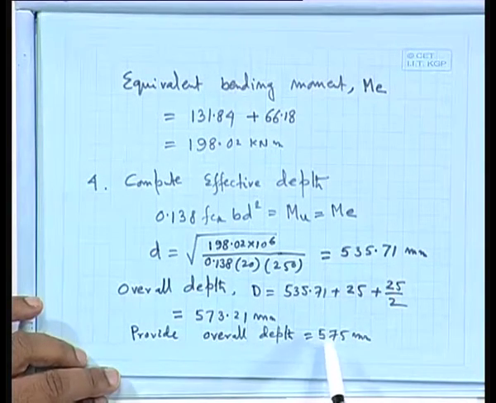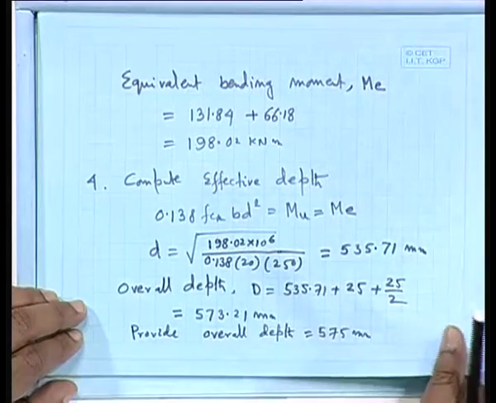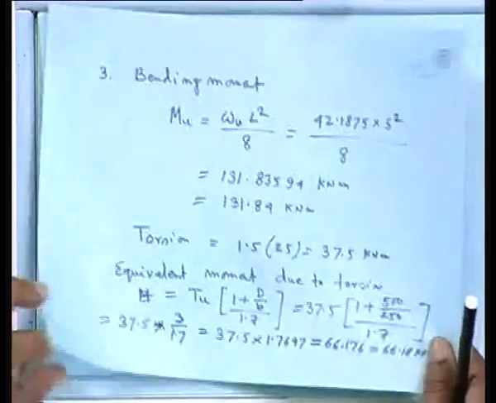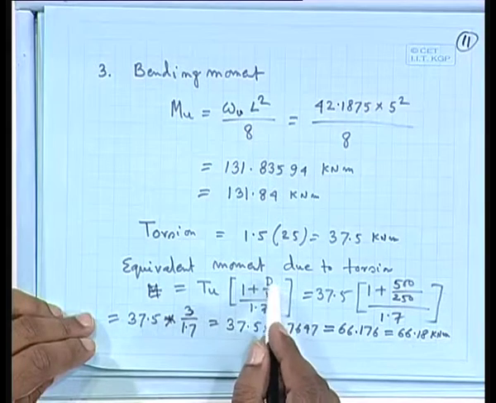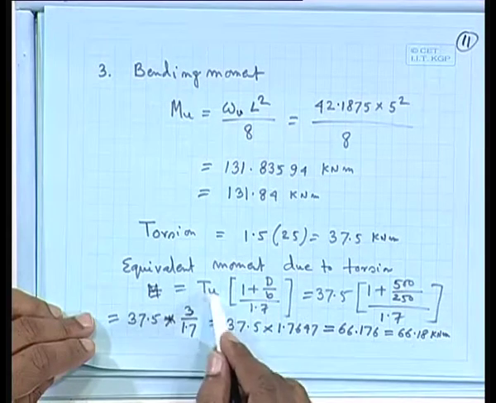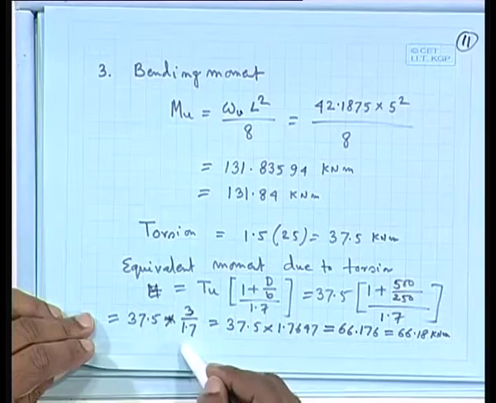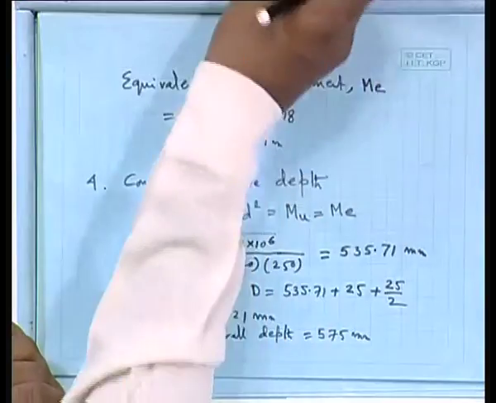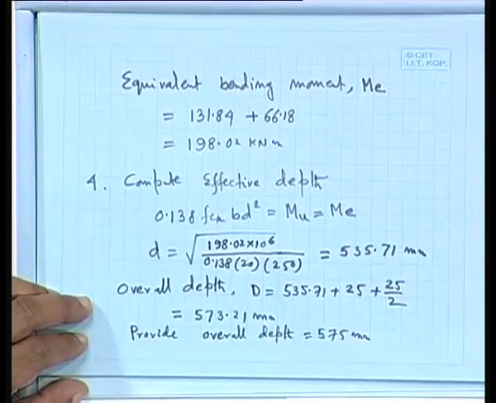Another one, we have taken here TU, that D by B. So D is 575, that means TU, due to this torsion also, the bending moment will change. So one alternative could be that we can go say 600 millimeter and we can check all of them.